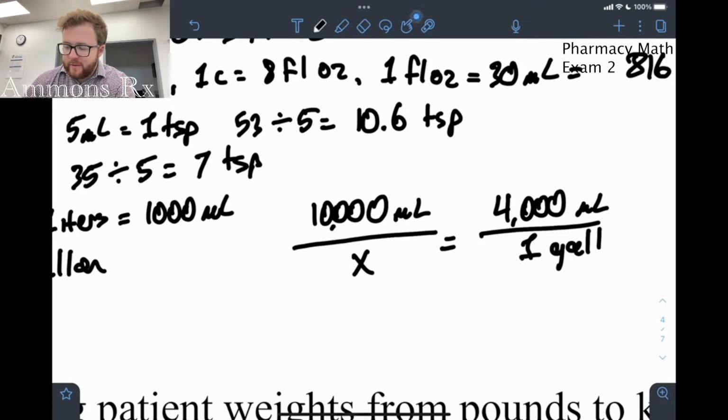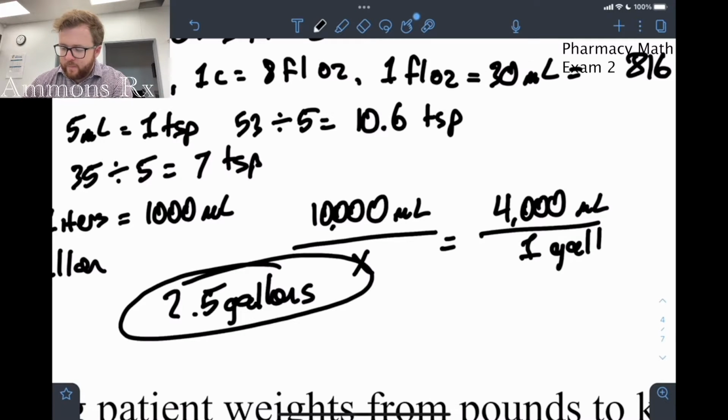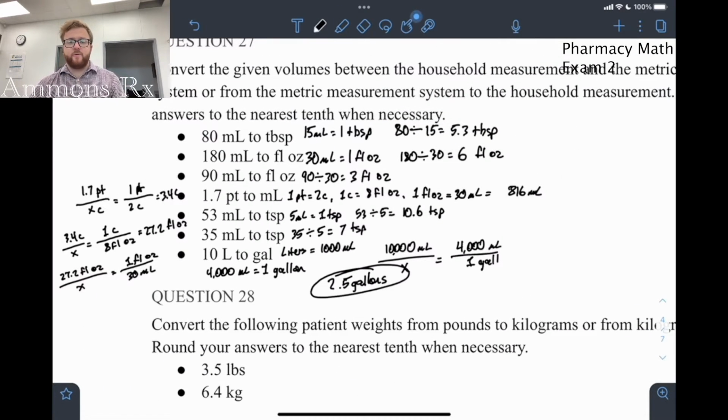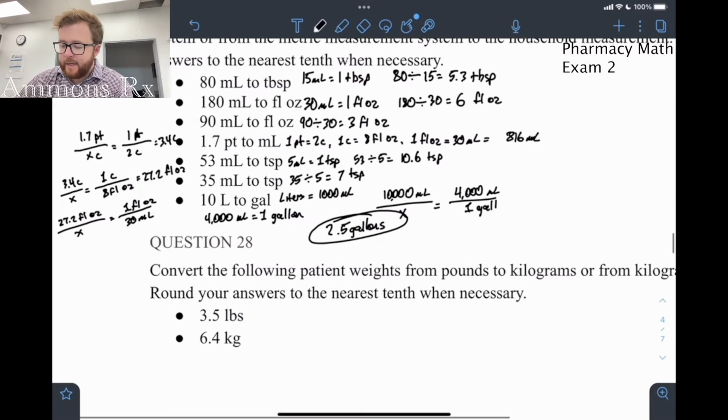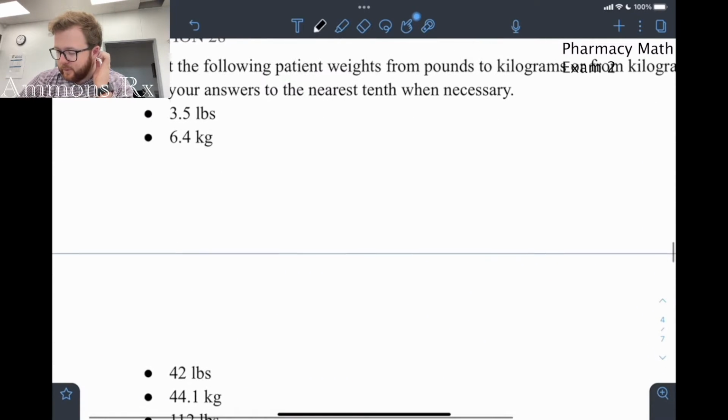So that turns into 10,000 times 1 divided by 4,000, which is 2.5 gallons. Okay, so make sure you have those approximations in your head. They're going to make it easier on you.